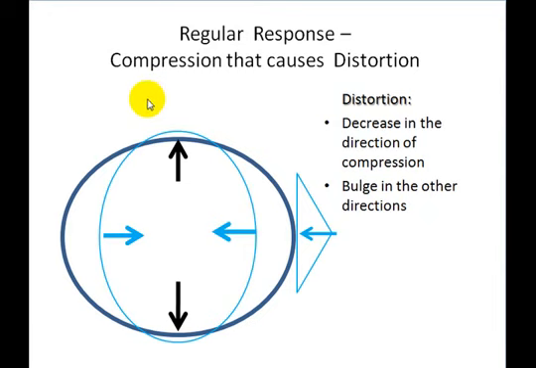Try to squeeze a ball, try to squeeze anything. You're going to have this. There is a compression, there is a distortion, which comes as the reduction of height in the direction of the depression, and there is a bulge, because the volume in that sense remains constant, so it redistributes and bulges outwards.